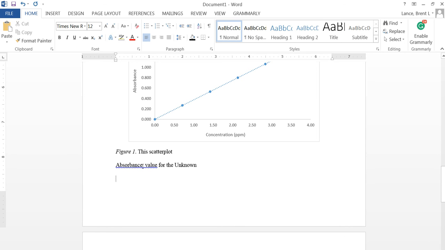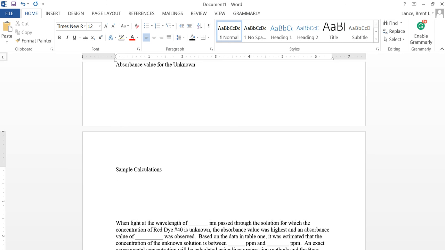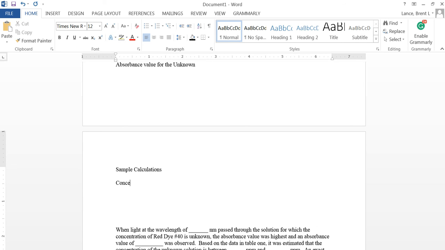Looks like I spaced too many times. And then on the next part, you need to have some sample calculations. So in that, you'll need to do one for the concentration. You don't have to do all 4, like in your lab notebook, where you did all your calculations. But you need to do one for the concentration of standards.